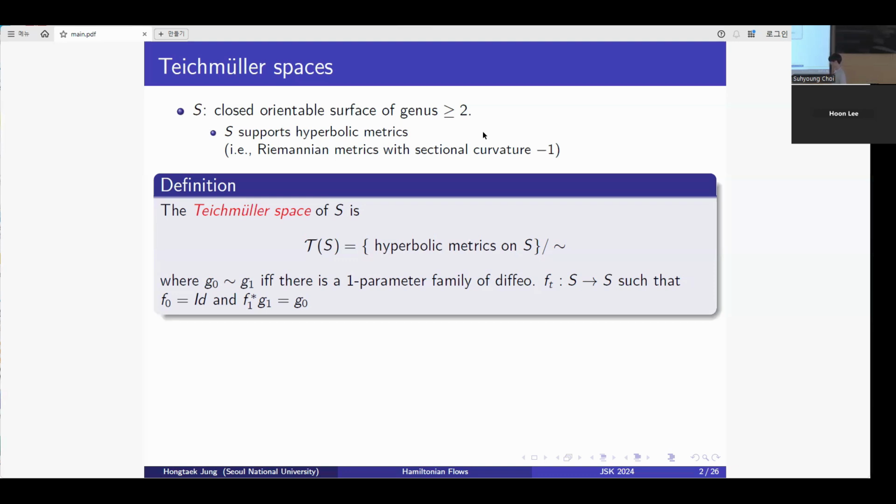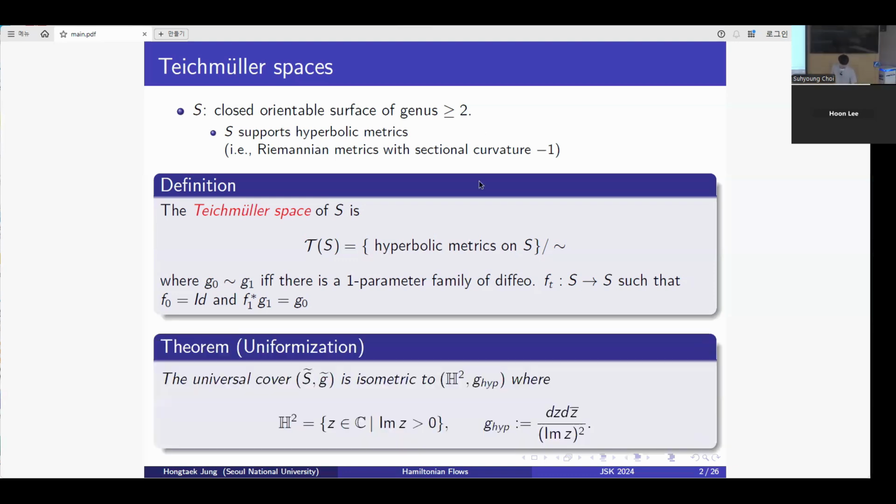That's something we can do by using our famous uniformization theorem. The uniformization theorem tells us that the universal cover of your hyperbolic surface is always isometric to the standard one. The standard one is the upper half plane with a very fixed hyperbolic metric.